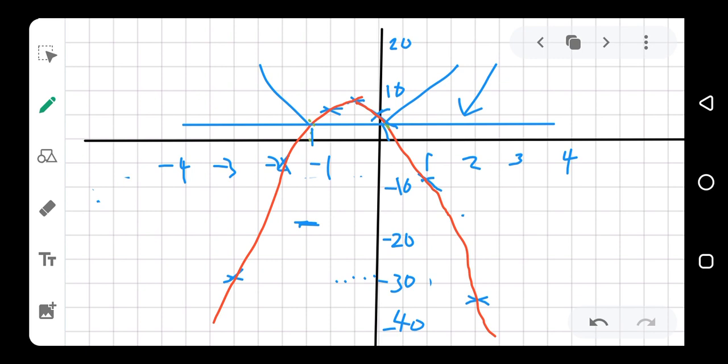Now, one thing I want to chip in again is this. Sometimes they will give us another graph and ask us to use the same scale we've drawn for the first one to draw another graph within the same graph. It is very simple.